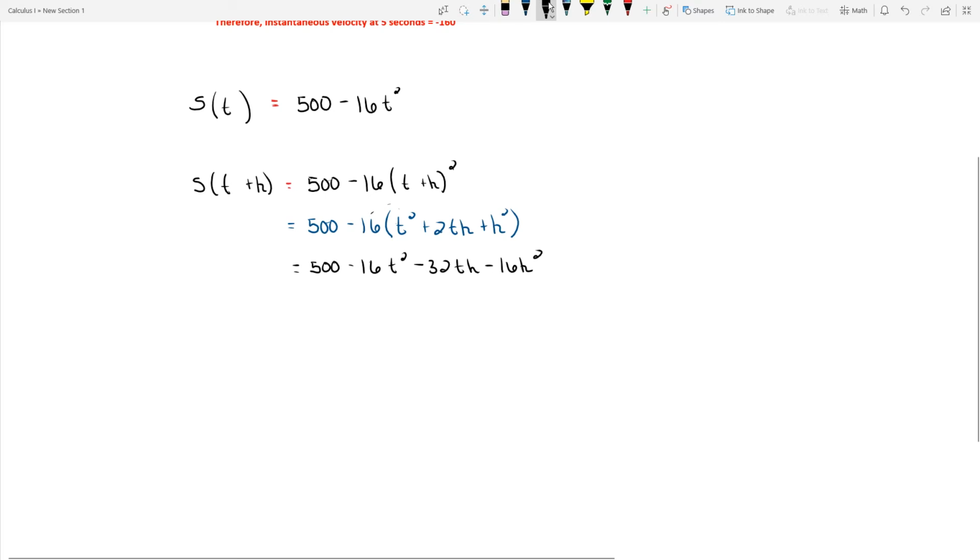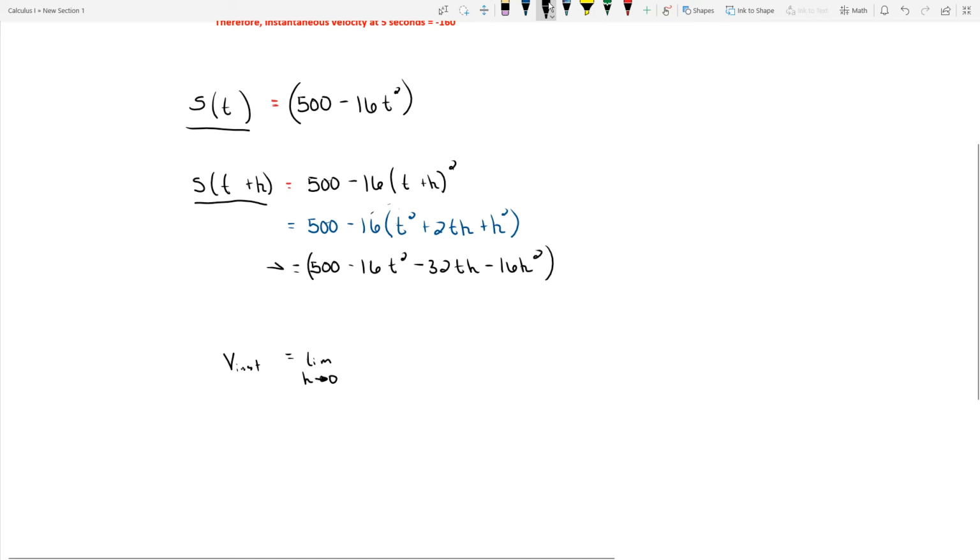So let's plug both of these into the difference quotient that we've been using. This time, since we're going to find the instantaneous velocity, we are at a point rather than between two separate points. We're saying that this is the limit as h approaches 0 of s of t plus h minus s of t.